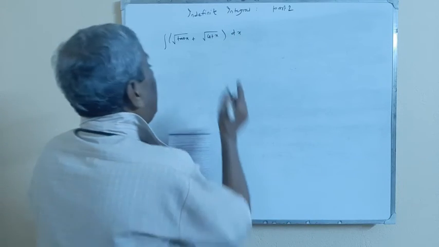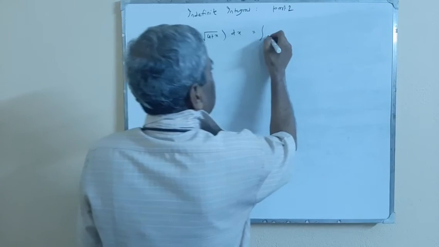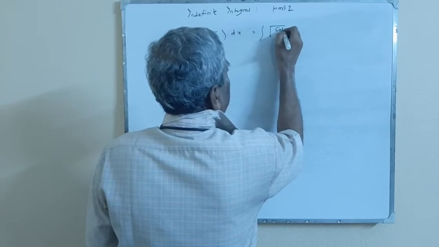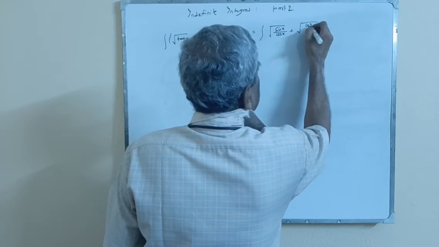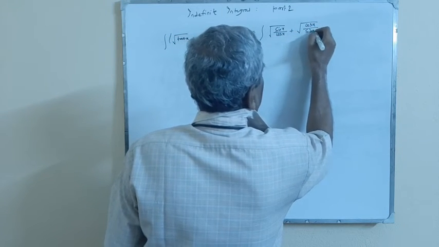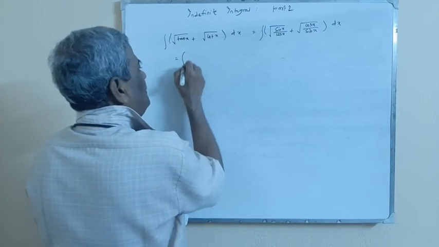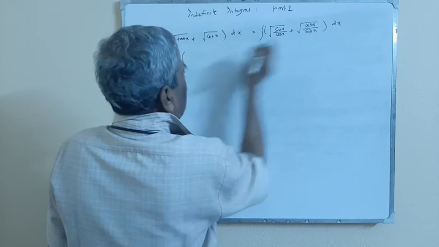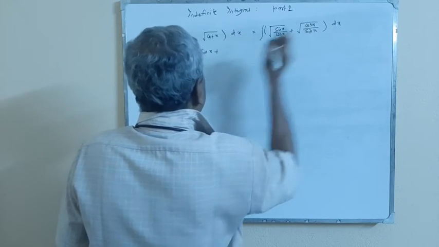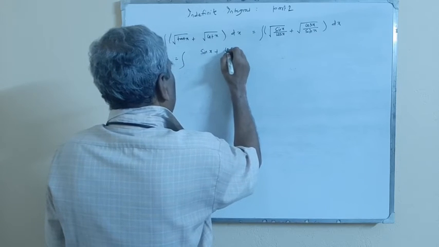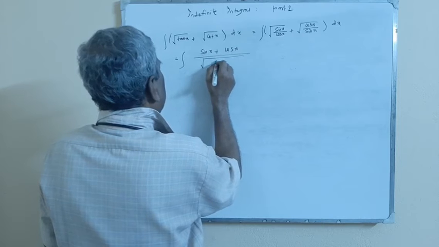This can be taken as root over sin x by cos x plus root over cos x by sin x dx, which is equal to, in the numerator, root sin x into root sin x, that is sin x, plus root cos x into root cos x, by under root sin x into cos x.